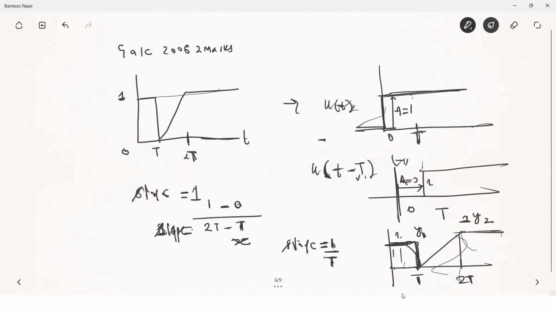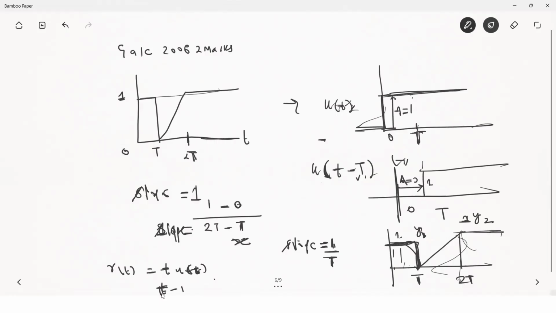So if you want to realize this function, you need a sloped function, an increasing ramp. Normally a ramp function, r of t, is expressed as t into u of t, right? But this is a shifted ramp with a slope of 1 by t. So you will multiply the slope also. So it's an increasing ramp function. It is starting from this t. If you notice here, it is starting from t minus 1, correct?